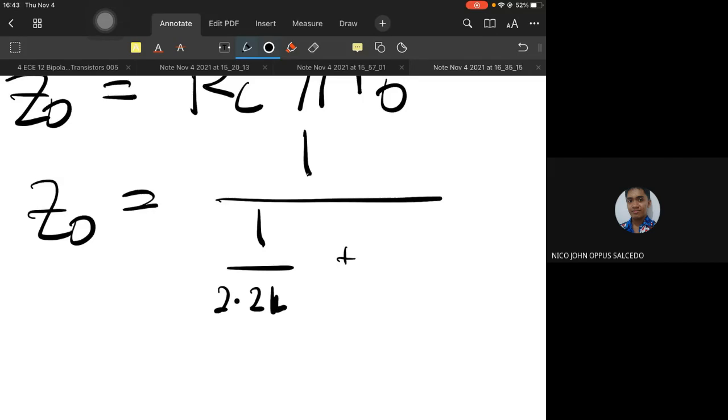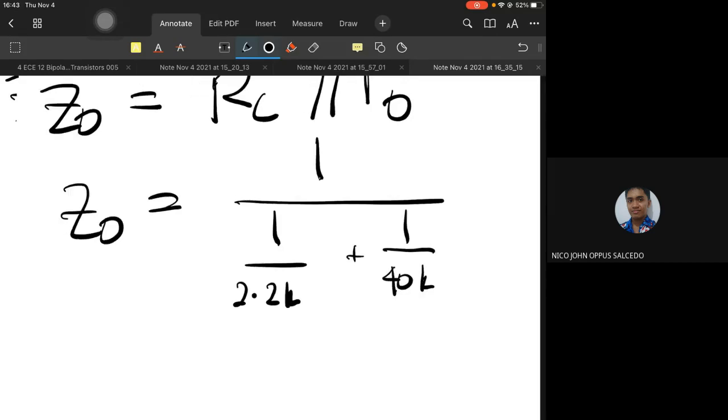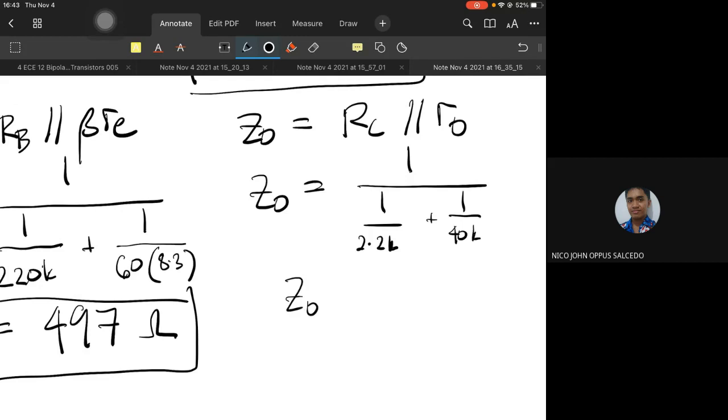Bayon sa ba siya kaduol sa 2.2K? 2.085K.